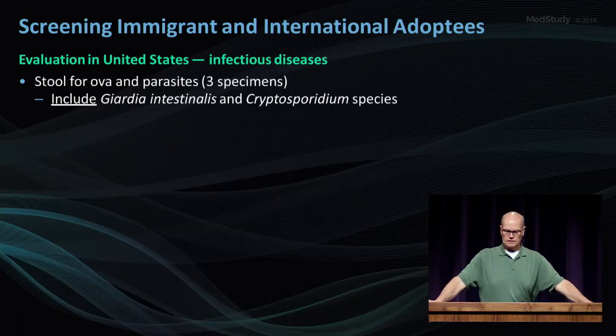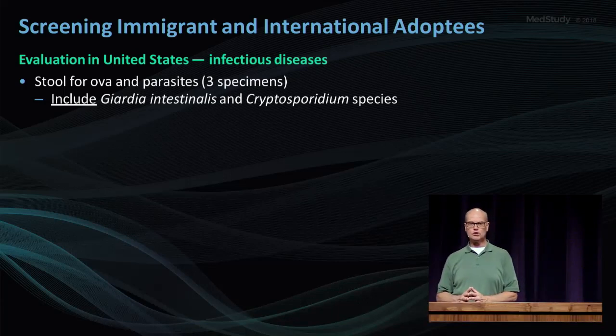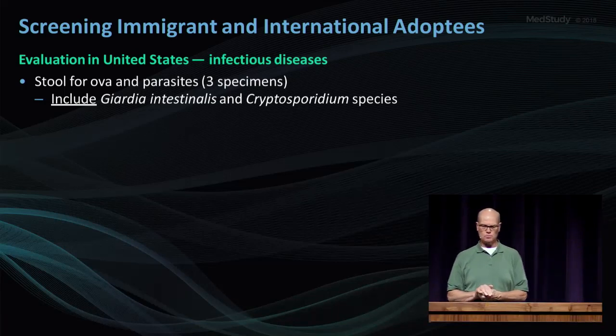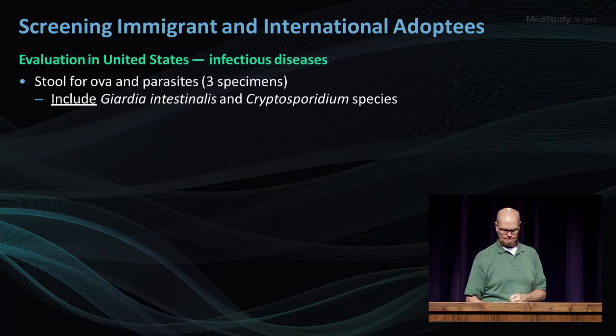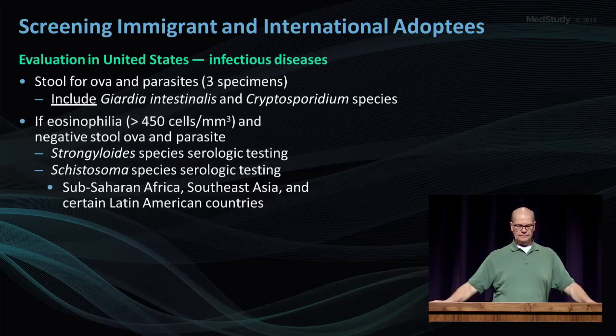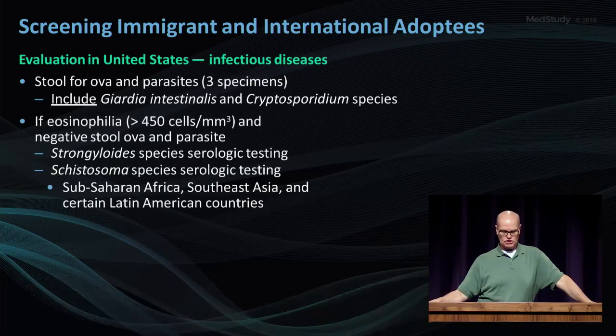Stool for ova and parasites is also recommended, to include Giardia and Cryptosporidium species. And again, if eosinophilia is present on your CBC and the stool ova and parasites are negative, additional serologic screening, especially if they are from parts of Africa and Southeast Asia, is recommended for Strongyloides and for Schistosoma species.